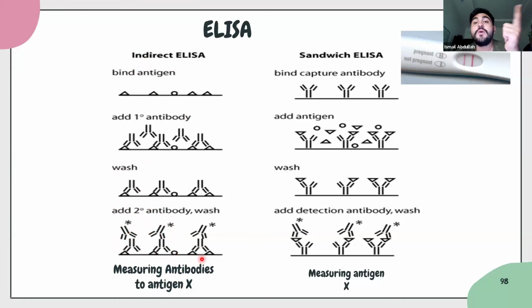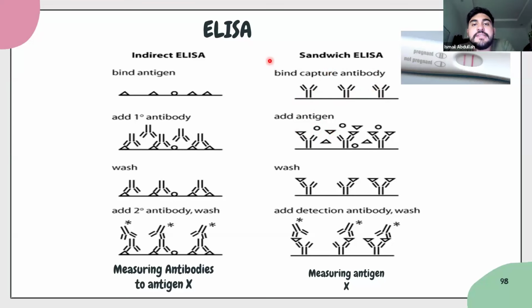But when you want to measure the antigen, you use sandwich ELISA, which is exactly this. So you have the antibodies here instead. Let's say, for example, these antibodies are waiting to catch the thing that indicates that the female is pregnant, for example beta HCG from the urine.